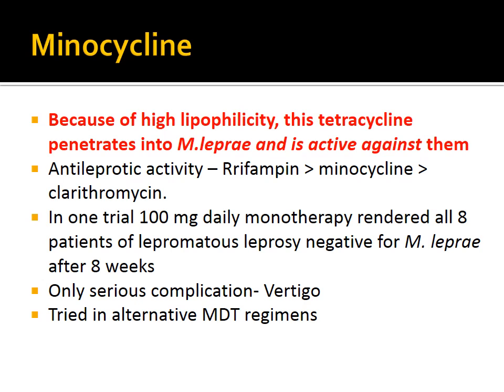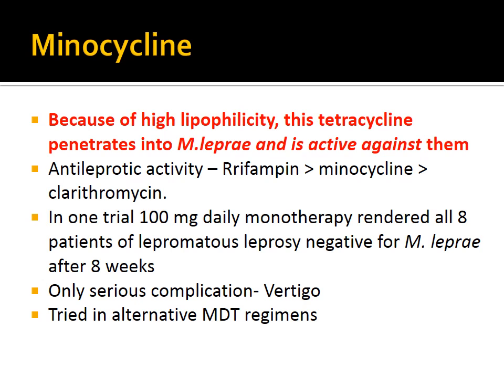And a drug with high lipid solubility can cross the skin more efficiently, because the skin is made up of a lipid bilayer, so it can get concentrated in the skin, and this tetracycline can penetrate into Mycobacterium leprae and is active against them.